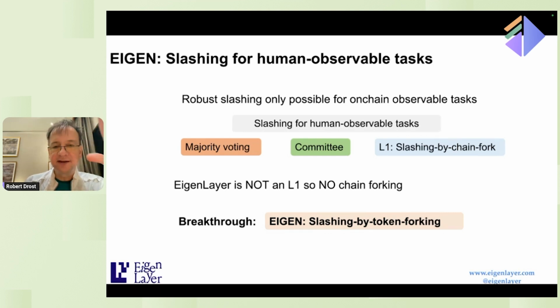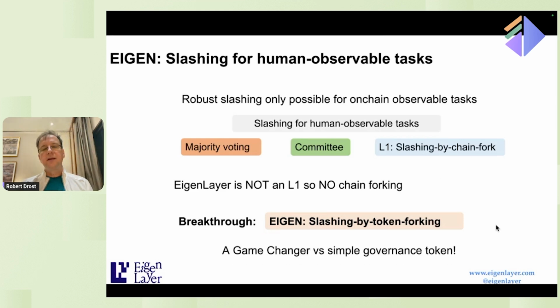I will just say a detail here: if you're familiar with Augur from many years back, Augur did incorporate this idea in a specific way for voting quorums, but they did not make it a general purpose slashing work token. So, slashing by token forking.